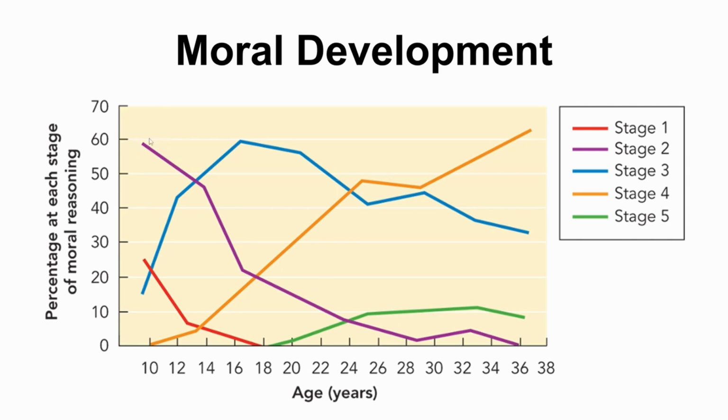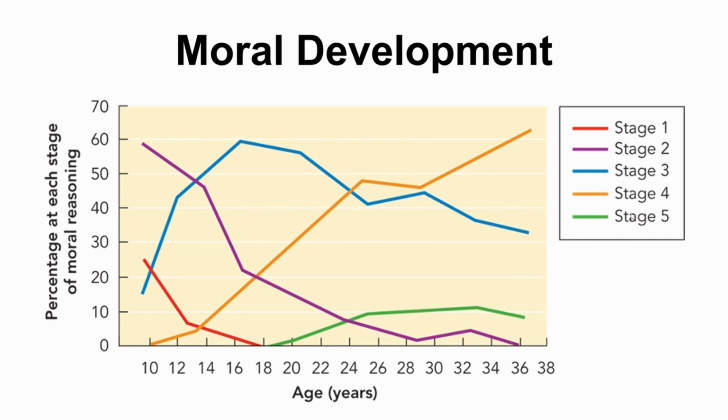Those are fairly high when you're children and they go away into adulthood, though some individuals will persist having some of these moral stages even into their 20s and 30s. But then we also see that the next 2 stages increase as we get a little bit older. Stage 3 gets fairly high when we're getting closer to adulthood, and then it plateaus and tapers off, where stage 4 becomes the dominant and most common of our moral stages into adulthood.